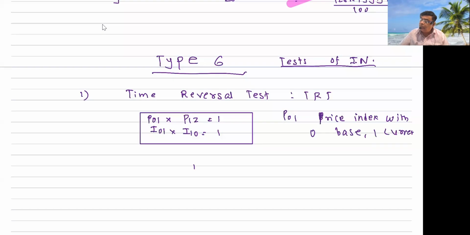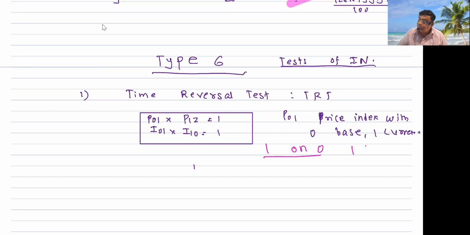So tell me what depends on what. 0 base and 1 current means 1 depends on 0, or 1 based on 0. ये MCQ है.